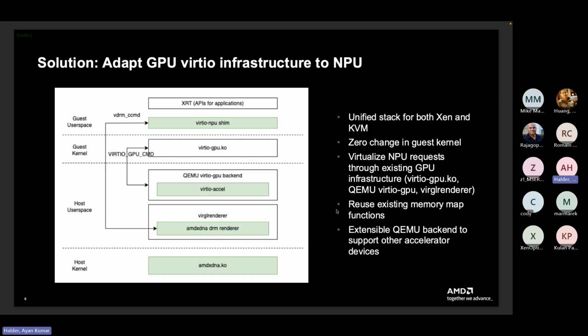And the fourth one is that the memory mapping is also supported by the GPU infrastructure. We can map the guest memory to the host side by using the existing interfaces. The last thing is that we can also get an extensible QEMU backend, just like what the GPU does. It has one front end, but multiple backends to support different GPU hardware. We can do a very similar implementation.